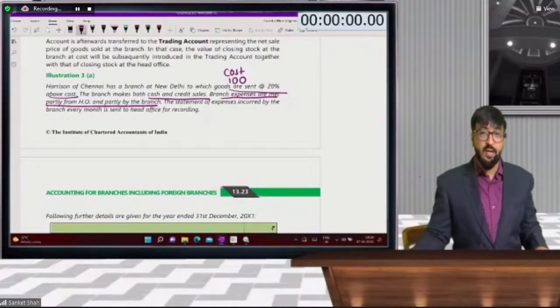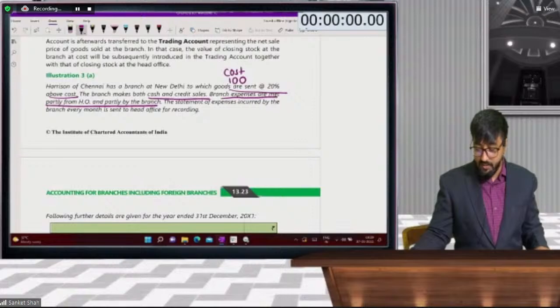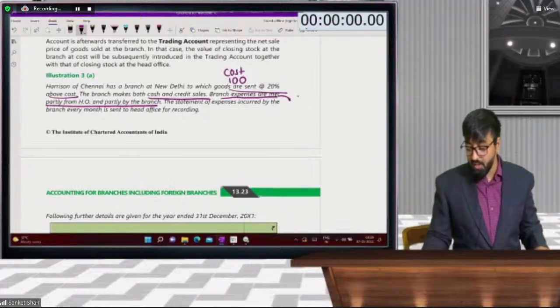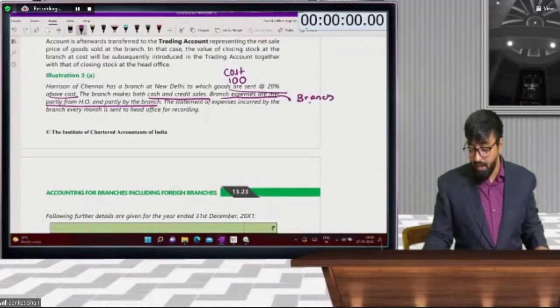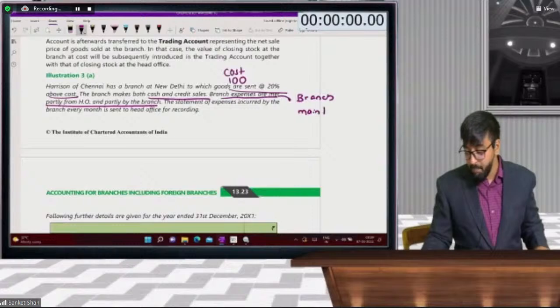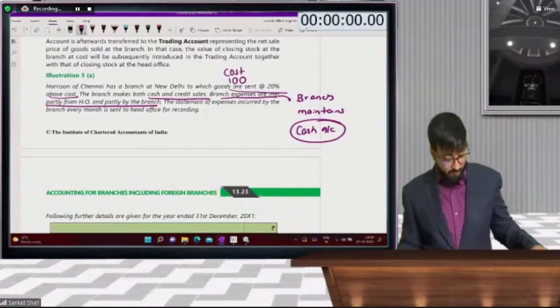Partly expenses made by branch and partly expenses paid by HO. What is the significance of this sentence? Yes, the significance is that the branch maintains which account? Write down cash account. So cash account is maintained by the branch.